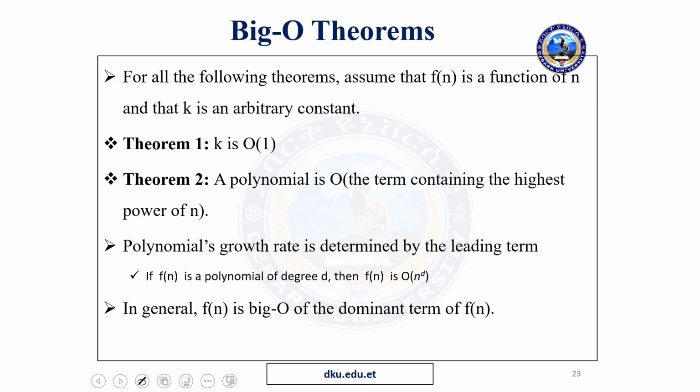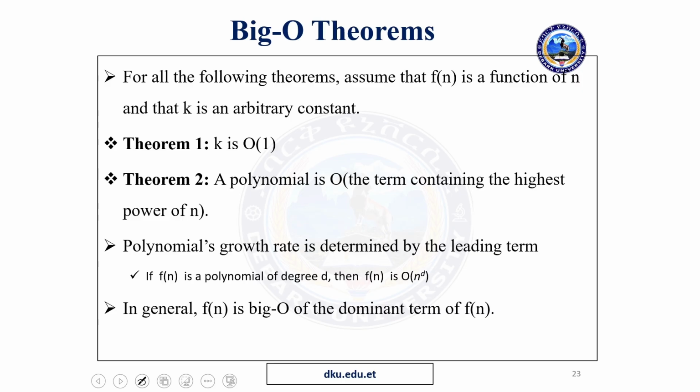Actually, there are some theorems. Assume that f of n is a function of n and that k is an arbitrary constant. The first theorem: if k is constant, then big O of k is big O of 1. The second theorem: a polynomial is big O of the term containing the highest power of n.